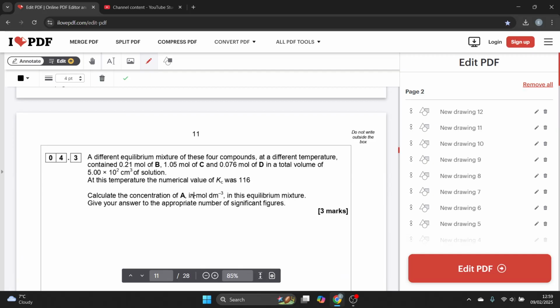Question 4.3. A different equilibrium mixture contains this many moles of B, C, and D, in a total volume of that, at a temperature where the numerical value of Kc was that.